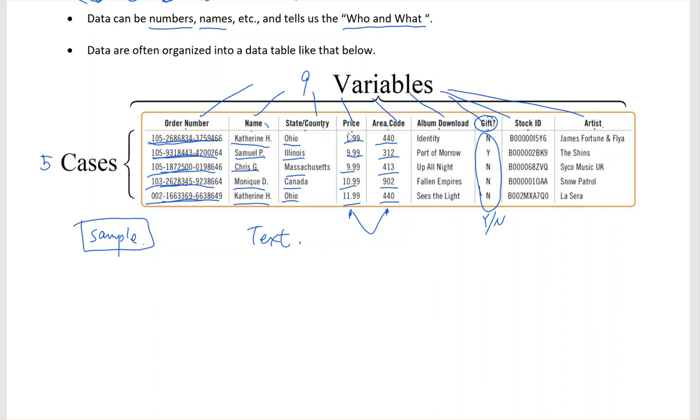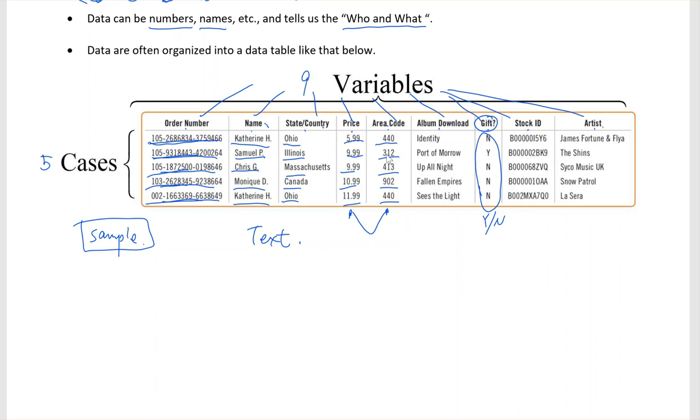This number is the money you spent, which is the price, and 9.99 is higher than 5.99, right? But for the error code, can you say 440 is higher than 312?